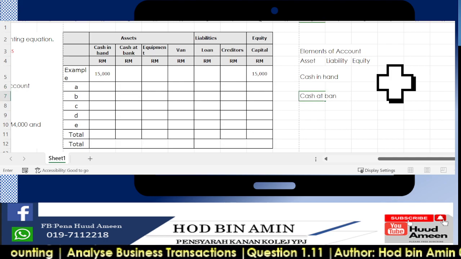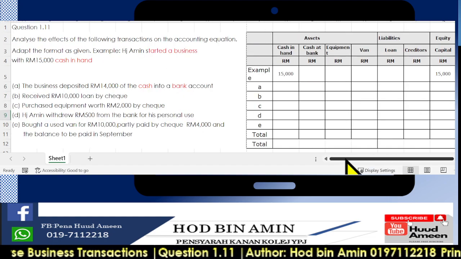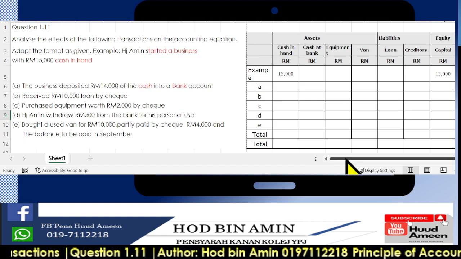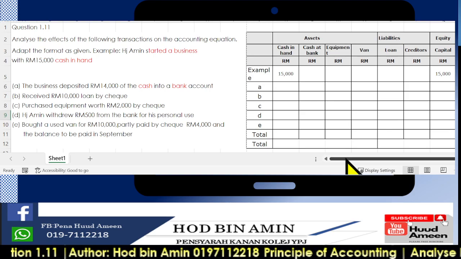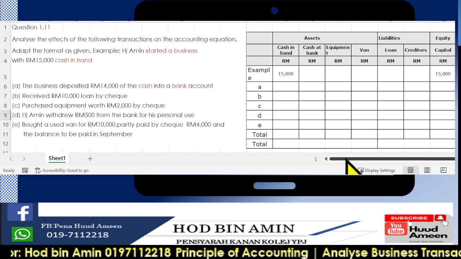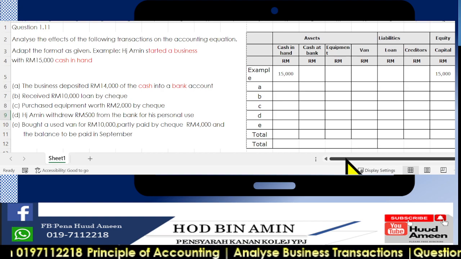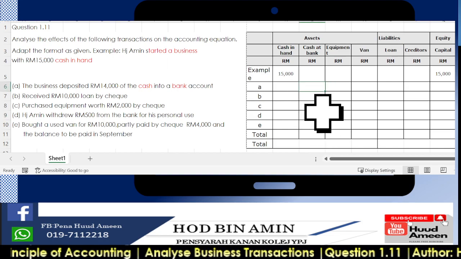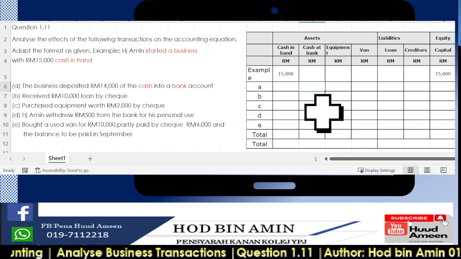So for this purpose, I repeat, the business deposited cash, meaning cash in hand. Then our cash is decreased or negative, and the cash at bank will increase or positive. Okay, for this purpose, for an increase you just leave it positive.